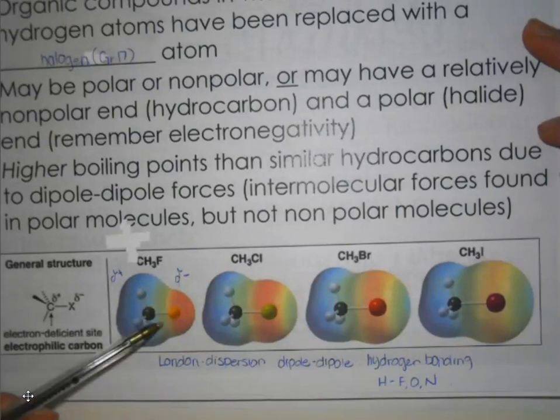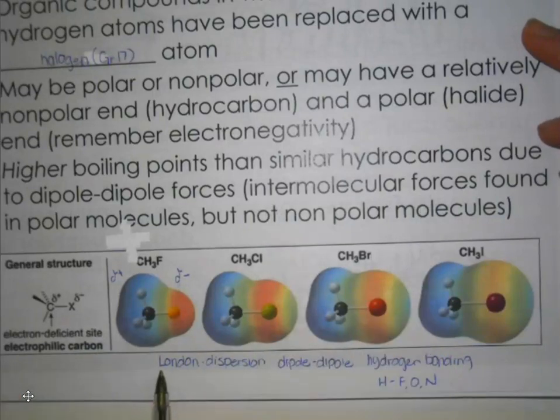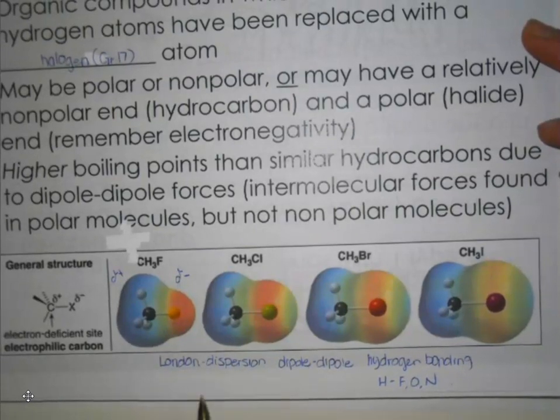So remember back to Chem 20 when we learned about intermolecular forces. There were three main ones, right? There was London dispersion, which is sometimes called London forces, sometimes called dispersion forces, so make sure you recognize both. And all types of molecules have this London dispersion force, okay?